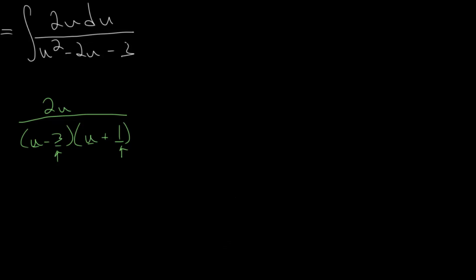And from here, what we can do next is use our partial fraction decomposition. We can set this equal to two fractions that will add together to give us this fraction here. And the denominator of one of the fractions would be one of the factors, u minus 3, and the denominator of the other fraction will be the other factor, u plus 1.